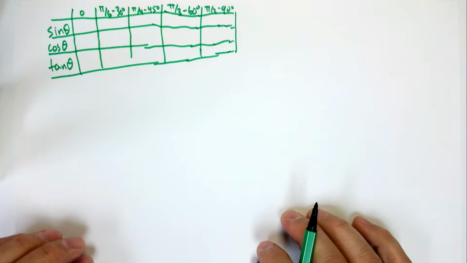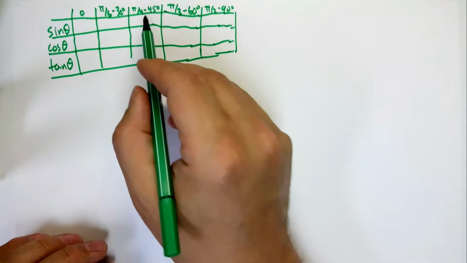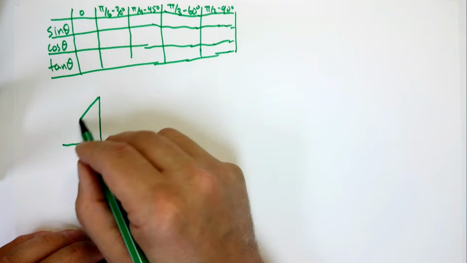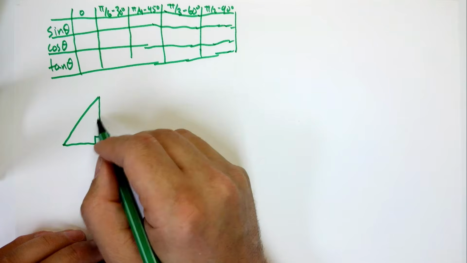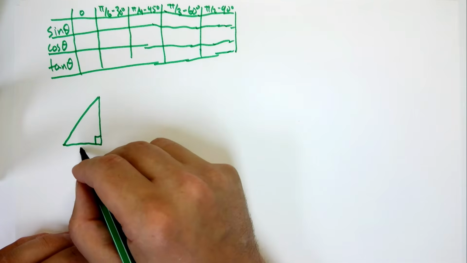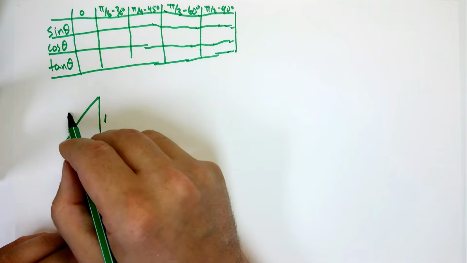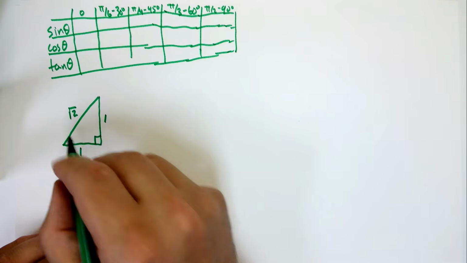All right. So how do we do this? Well, we draw triangles. Let's start with 45, because that's pretty easy. If I draw a 45, 45, 90, that means that these two have the same length. Of course, this is a bad picture, but they're the same length. And so let's just label that 1. Pythagorean theorem says this side has to be the square root of 1 squared plus 1 squared, which is 2.